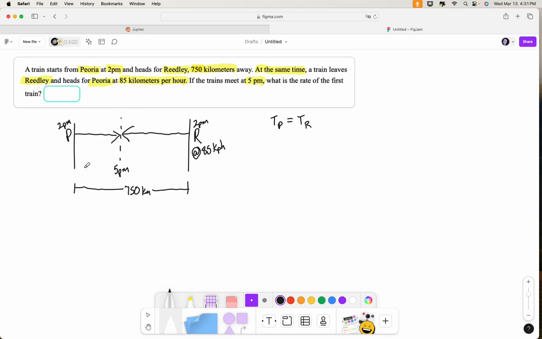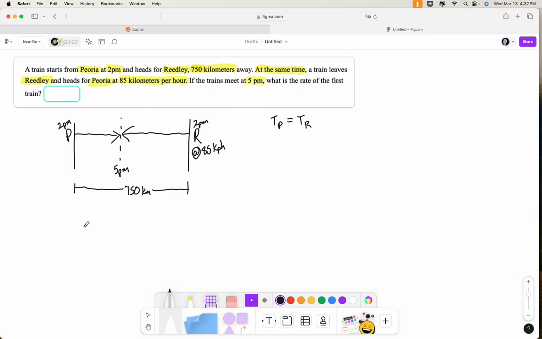So there's our picture. We have a Peoria train leaving at 2, headed toward Reedley, which is 750 kilometers away. We have a Reedley train leaving at 2, headed toward Peoria, going at 85 kilometers an hour. They meet each other at 5 p.m.